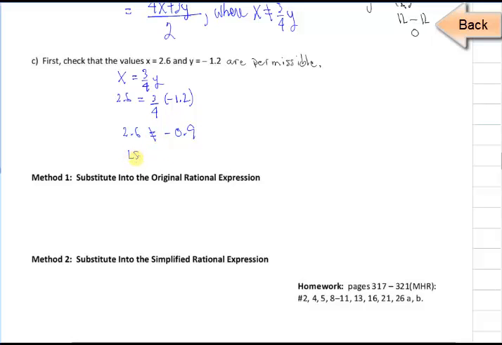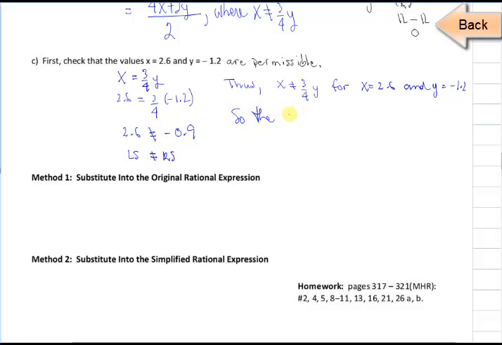Okay, in other words, the left side does not equal the right side, okay, and so we know that these values are permissible. So thus x cannot equal 3 over 4y for x equals 2.6 and y equals negative 1.2.